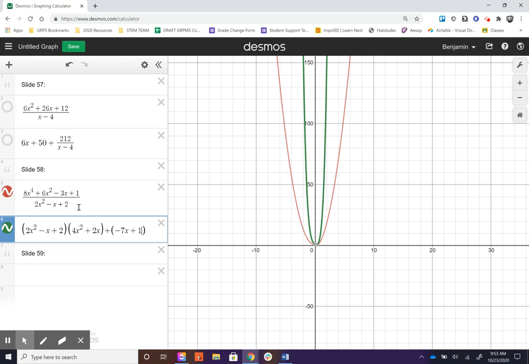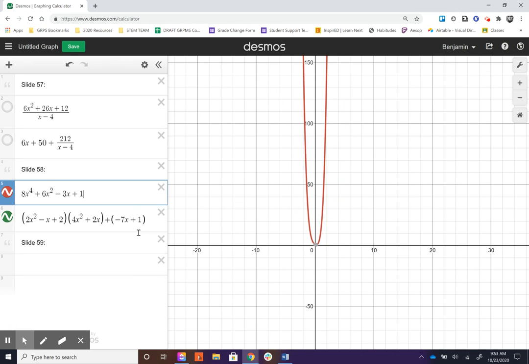Ooh, let's see that I typed everything properly. Oh, silly. If we're using our division algorithm, this shouldn't be there. There we go. So our division algorithm says our polynomial is equal to the divisor times the quotient plus the remainder. All right, so with that, these two should be the same, and that's what we see. Sorry about that.